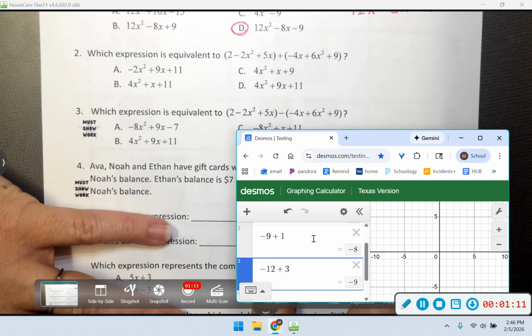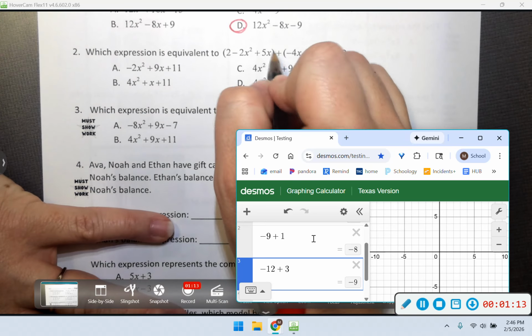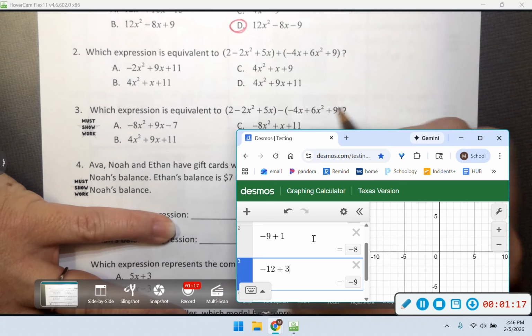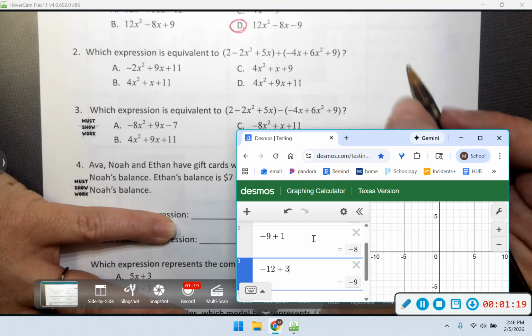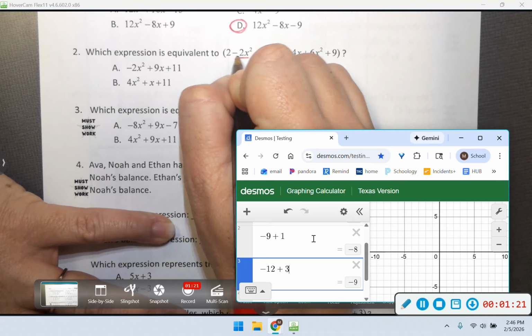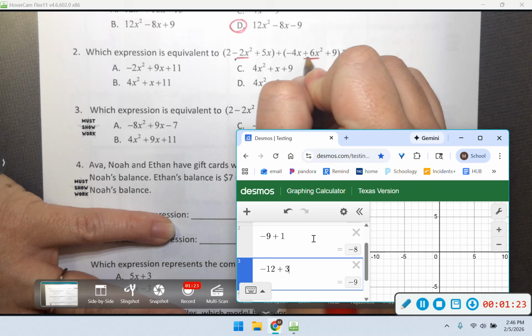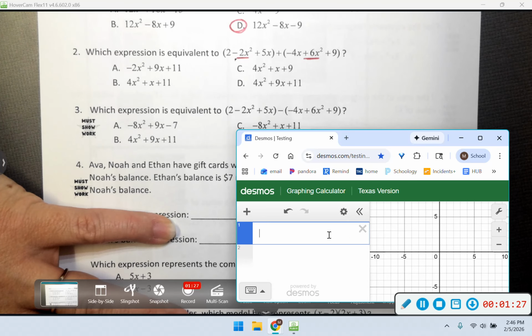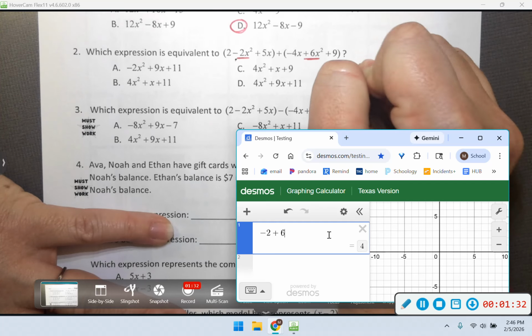Okay, this one is a little different. We have parentheses, but there's a positive in front of the parentheses and nothing in front of this parentheses, so we can ignore them. I'm going to start with my highest exponent, so I have negative 2x squared plus 6x squared. So again, you can use your calculator. Negative 2 plus 6 is 4, so I have 4x squared.